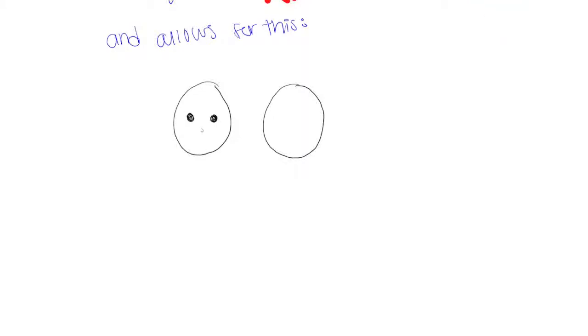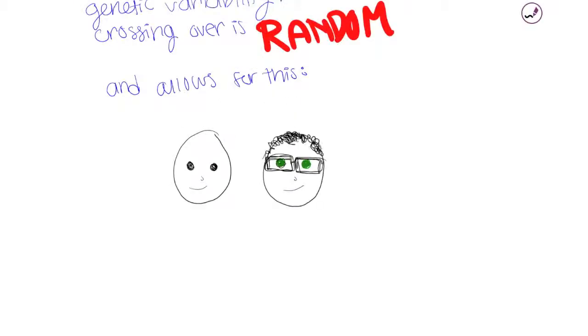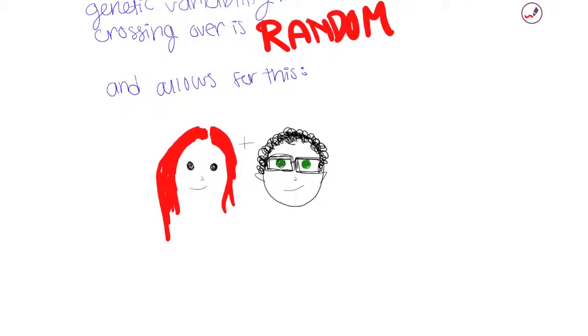an example of two people, one with black eyes and one with green eyes. The green-eyed person has black hair and the black-eyed person has red hair.